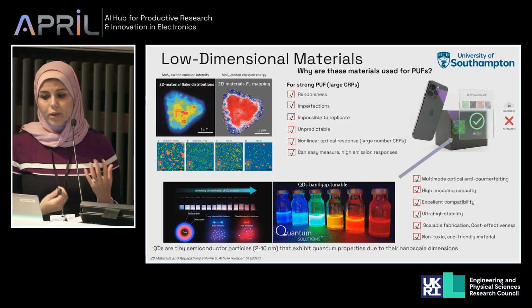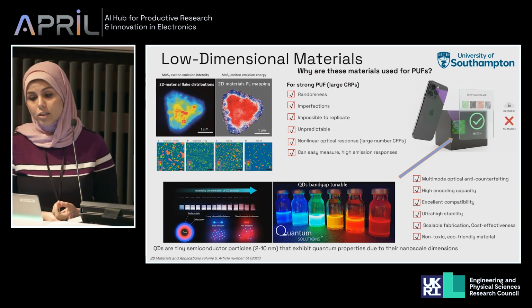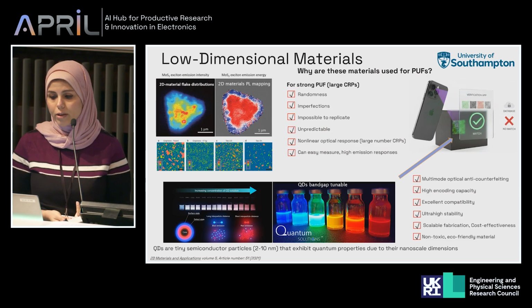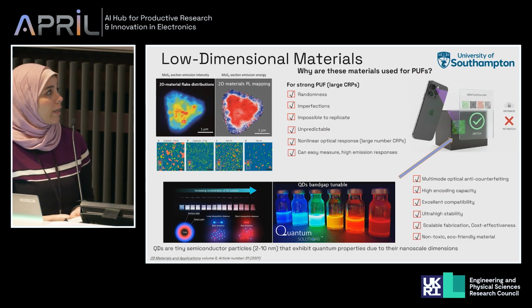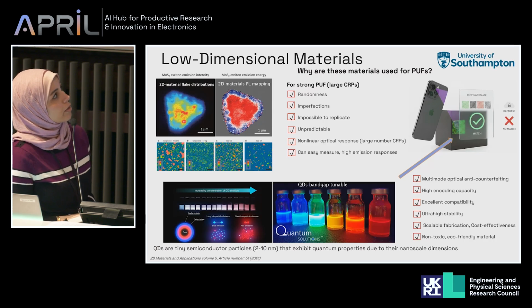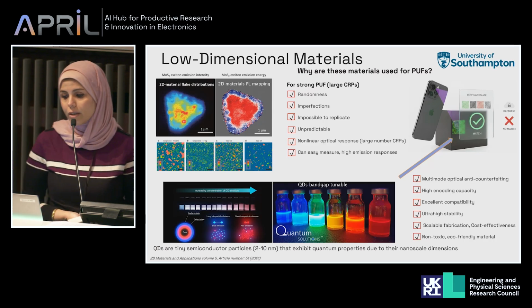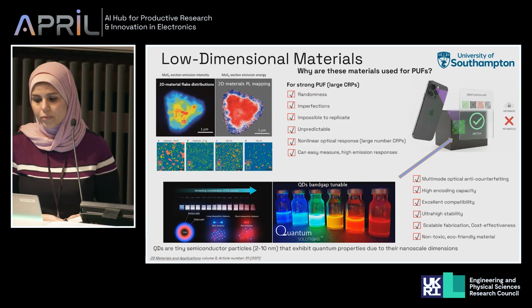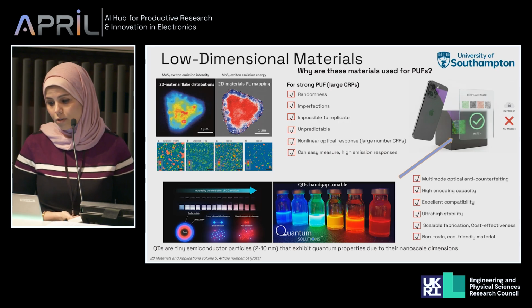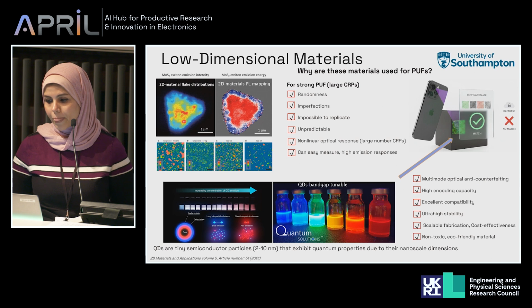To build a strong PUF, we have to create a large number of CRPs, which means based on randomness, imperfections, impossible to replicate, unpredictable, and we also look into nonlinear response, and finally it can be easily measured and has high emission responses. That's why I selected these nanoparticles, colloidal quantum dots.